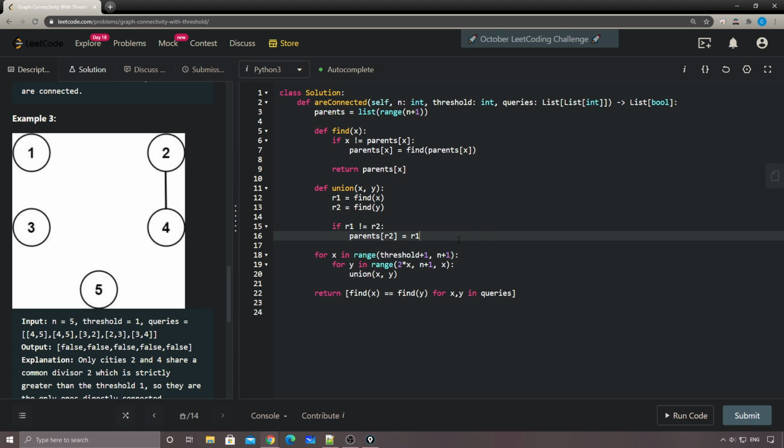So how can we build the graph beforehand? We have to try all the valid thresholds, and with each valid threshold, for example 4 here, we have to build 4, 8, 12, and 16.